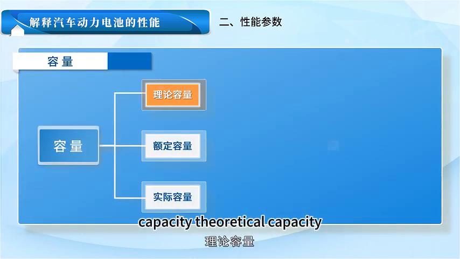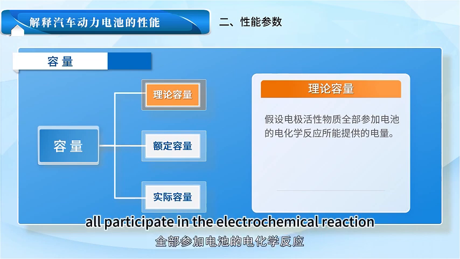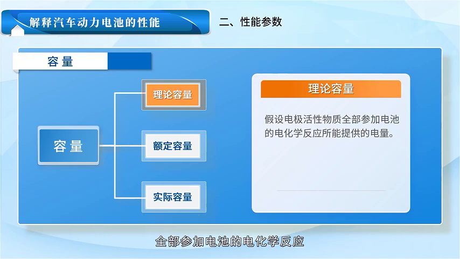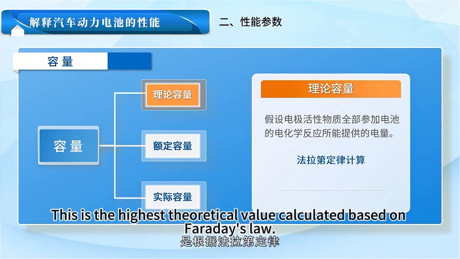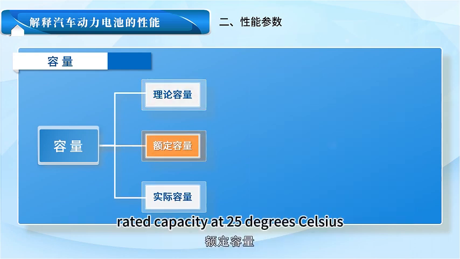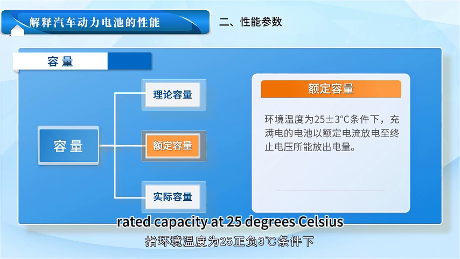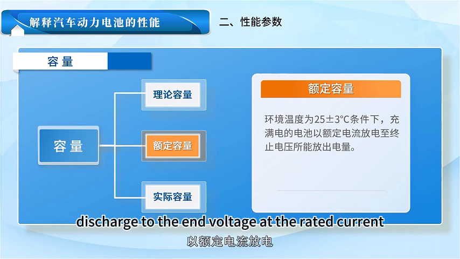Capacity. Theoretical capacity: assuming that all electrode active substances participate in the electrochemical reaction, the amount of electricity they can provide. This is the highest theoretical value calculated based on Faraday's law. Rated capacity, at 25 degrees Celsius plus or minus 3 degrees Celsius, is the electricity released by a fully charged battery discharged to the end voltage at the rated current.